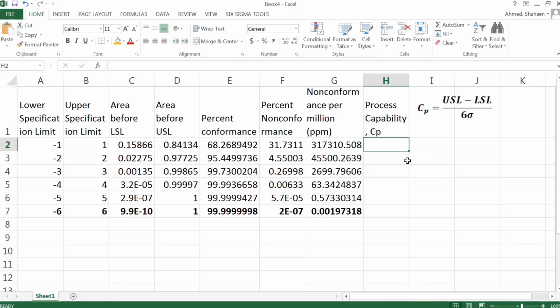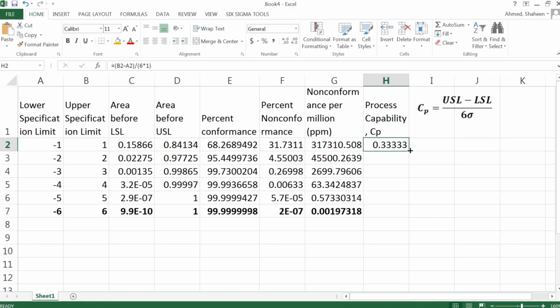So our machine is producing, when we say between one standard deviation, that would be equals upper minus lower, close the parenthesis, divide by 6, divide by standard deviation, 1 in this case. Let's do it this way.